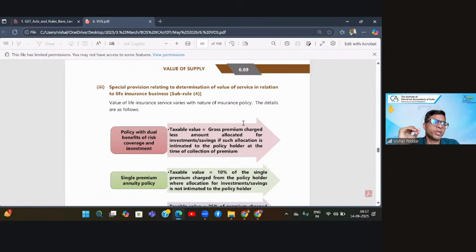If nothing happens to me up to these 20 years, at the end of the 20 years I will get a lump sum amount. Let us say I have taken a 1 crore rupee policy. This 1 crore will be given back to me after 20 years. That is what we call maturity. Then this life insurance is an endowment policy, and the majority of us know only this policy.